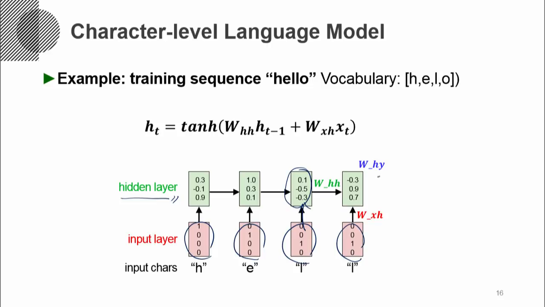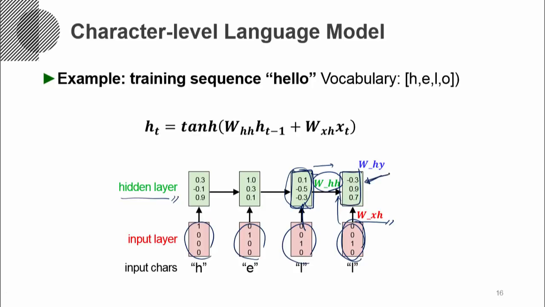In particular, at this time step it will take as an input the hidden state vector from the previous time step, and then it will be transformed by this linear transformation matrix, and then also the current time step's input will be transformed by this matrix, and then those transformed outputs from here to here will be added together to generate the current time step.